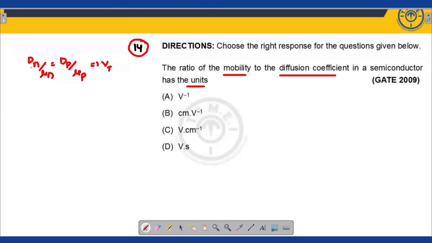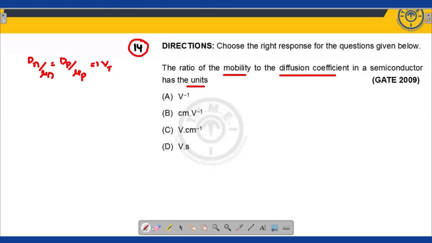Dn means the diffusion constant in n-type for electrons, mu n is the mobility in n-type, Dp is the diffusion constant for holes, and mu p is the mobility for holes, which equals Vt. Vt is the volt equivalent of temperature, which is equal to kT by q.